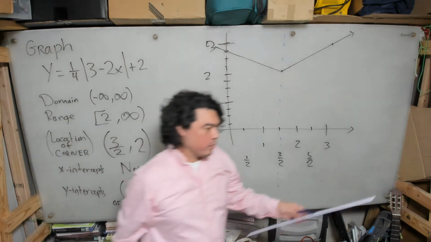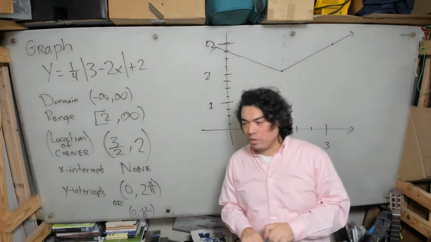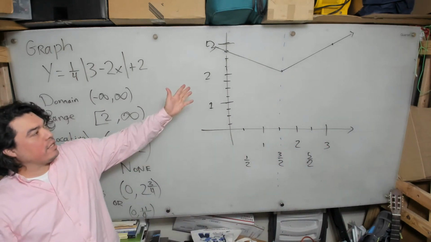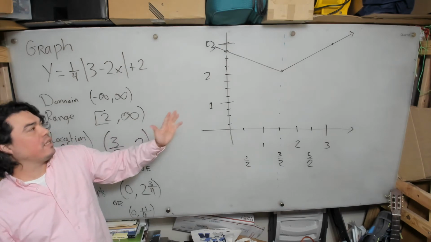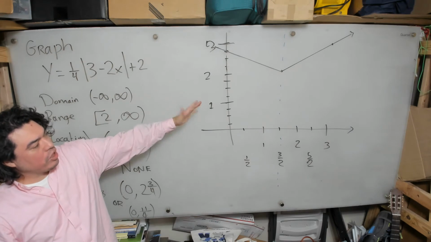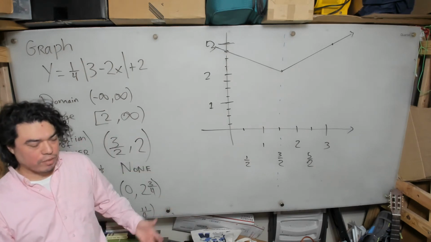Okay. So now here I have my absolute value equation graphed. In fact, I have all the points I need to verify that this is the correct graph. You could see that we went through extreme care to make sure that it went through the correct x values and y values. In other words, the correct points.